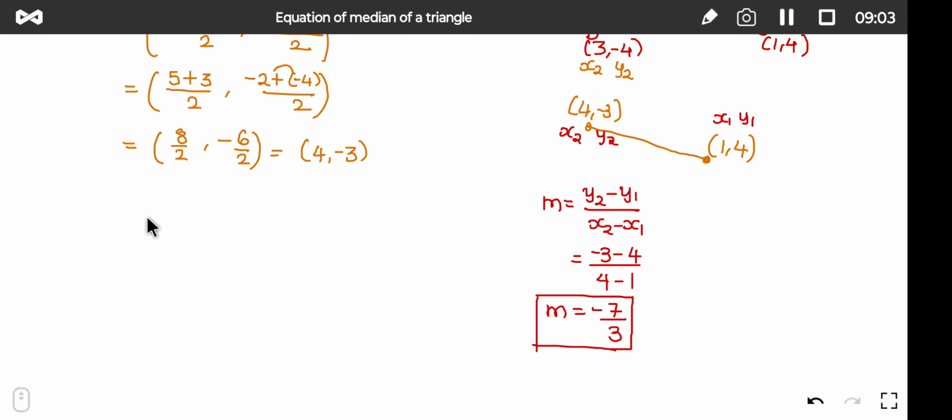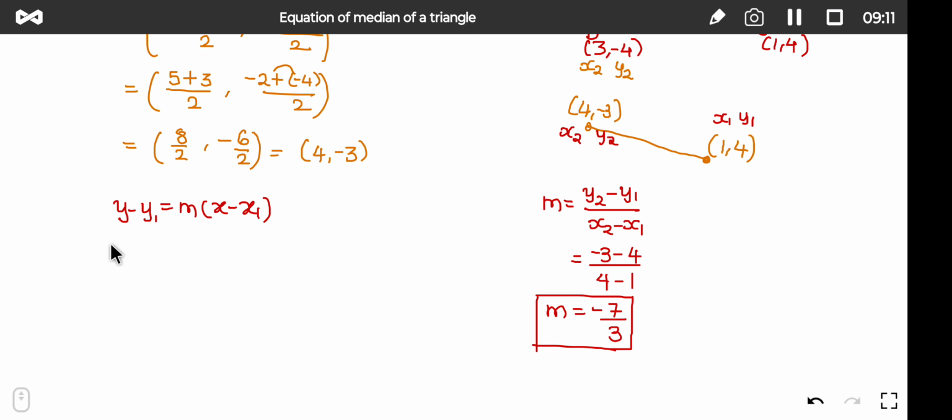Now let's apply the main formula, y minus y1 is equal to m times x minus x1. So y minus y1 value is nothing but y minus 4 is equal to the slope we are getting, minus 7 by 3, into x minus x1. x1 here is 1.